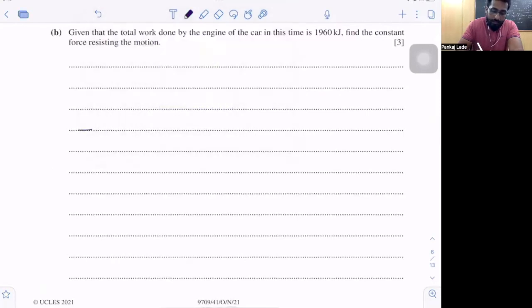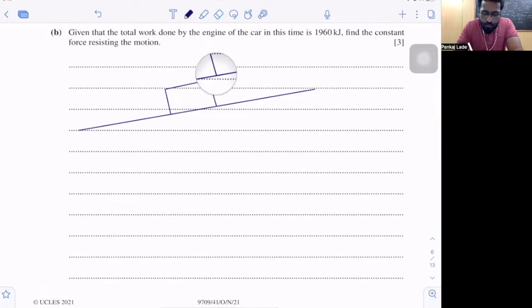So we know that the car is along an inclined plane. That's an inclined plane that I've drawn. I'm not going to draw the car now. Okay, I'll just place a block. This block is having what weight? This block is having a mass of 1600 kg, right?